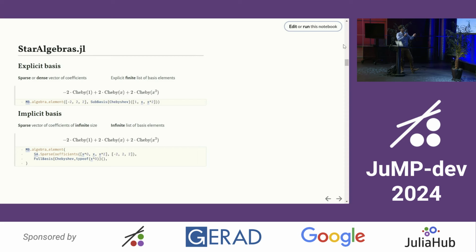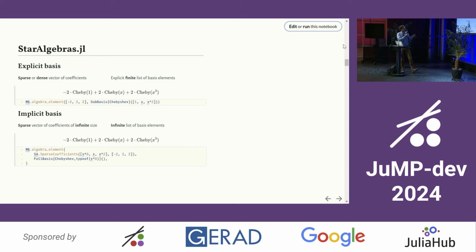So the coordinates in this basis are going to be represented by a vector: -2, 2, 2. So when you use explicit bases, the coefficients are simply going to be either Julia vectors or Julia sparse vectors.